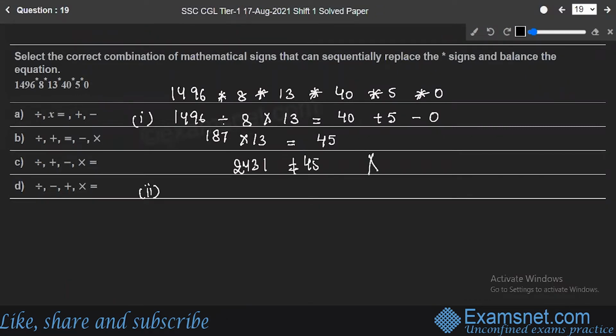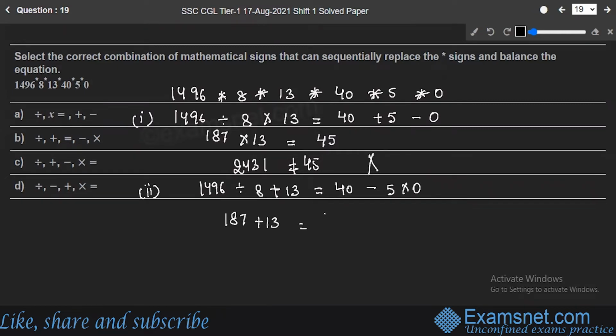Let's go with the second one. 1496 divided by 8 plus 13 is equal to 40 minus 5 multiplied by 0. If I'm dividing 1496 by 8, I'll get 187 plus 13.